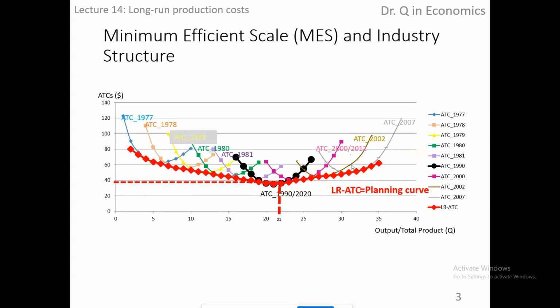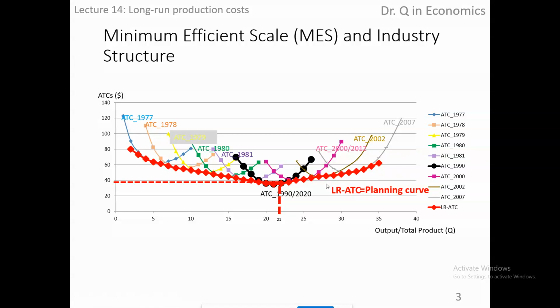And if we draw a smooth line enveloping the minimum short-run average total cost curves, we get the long-run average total cost curve, or a better term, the planning curve. It tells the firm that if it wants to produce at a certain output level, what plant size it should produce at to minimize short-run average total costs.